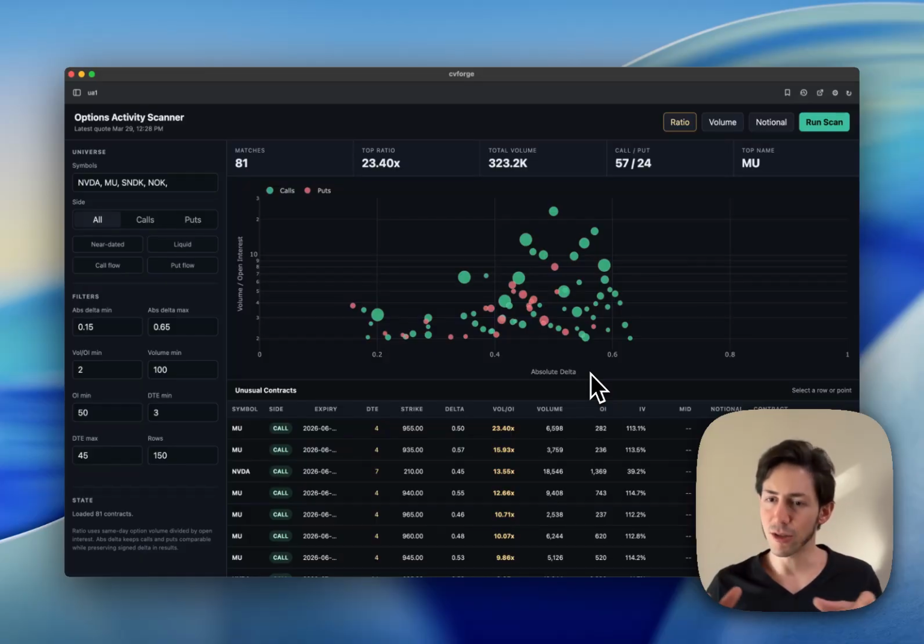And the near the money strikes have delta close to 0.5. And the interesting stuff usually happens far out of the money. Or more than interesting, it's just easier to spot very big activity. This is like out of the money calls, out of the money puts, and stuff like that. That's where it gets interesting.